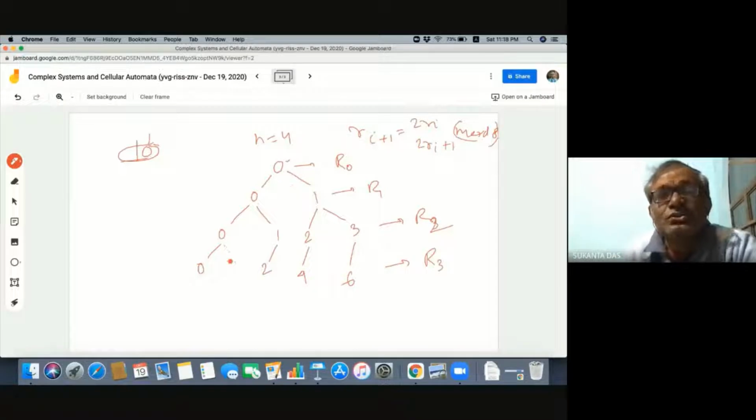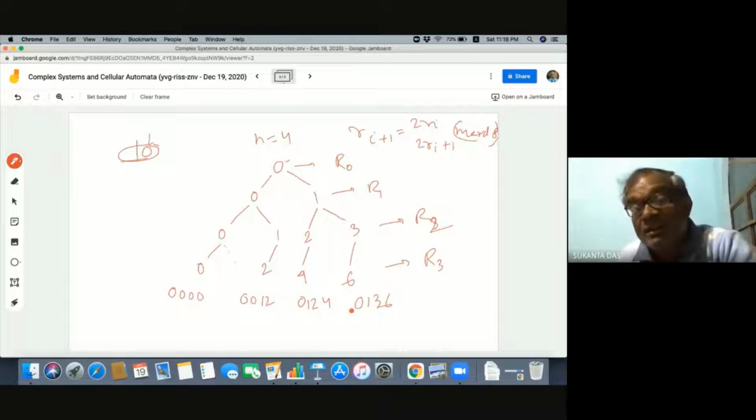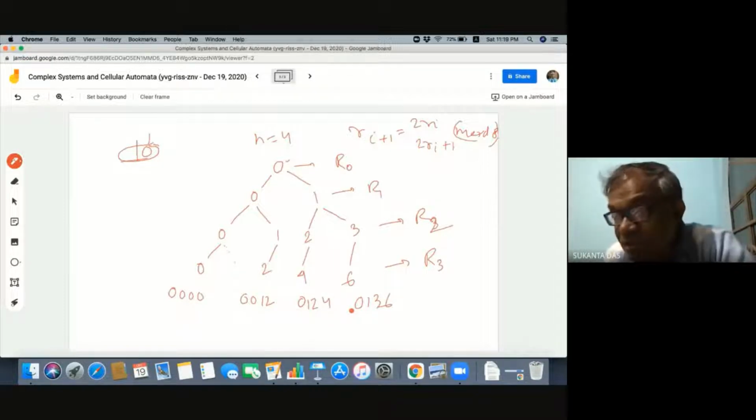Here the RMT sequences are: one is 0 0 0 0, this is 0 0 1 2, this is 0 1 2 4, and this is 0 1 3 6. So I can get these four RMT sequences, all valid, all corresponding to some valid configuration. You can check.